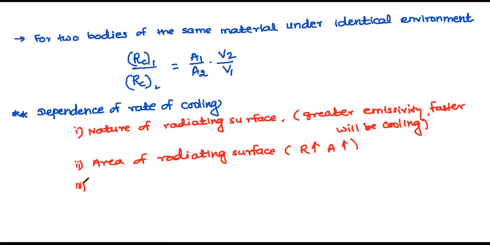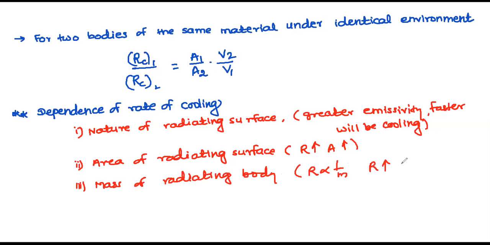Third one, mass of radiating body. RC is inversely proportional to m. It means if mass decreases, the rate of cooling increases. Here also RC is directly proportional to area. Fourth one.